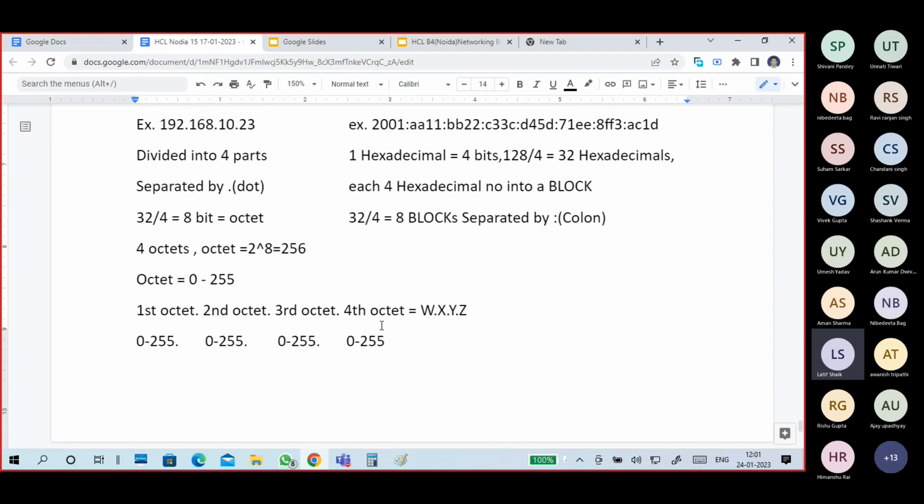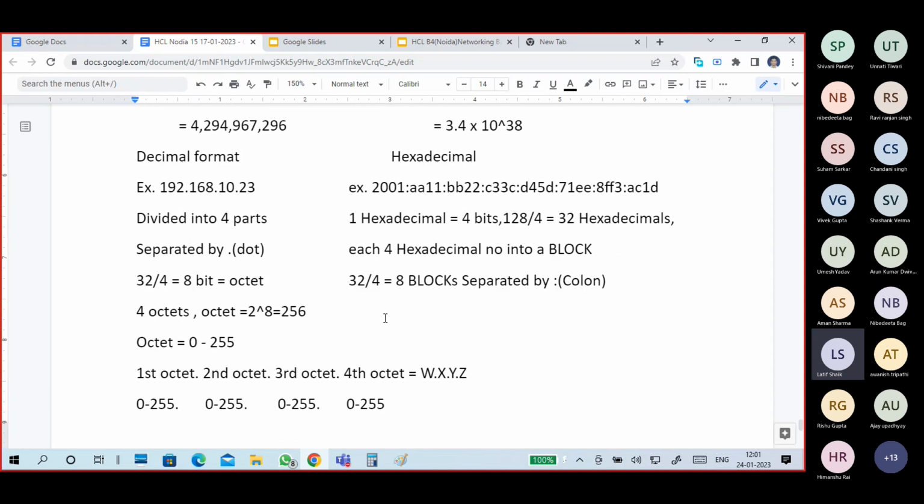Usage purpose. For example, take global unicast. It is a kind of public IP address. This is also written like 001/3.